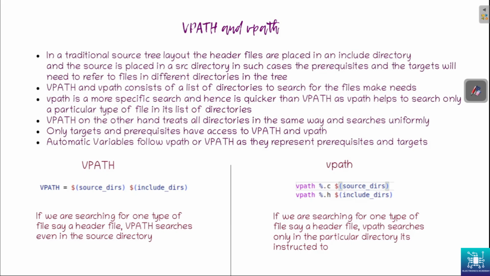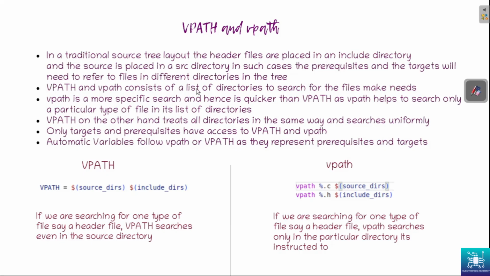In the traditional source tree layout, the header files are placed in an include directory, and the source is placed in an src directory, as we have done. In such cases, the prerequisites and the targets will need to refer to files in different directories in the tree. As we discussed, it has to know where the files are residing.